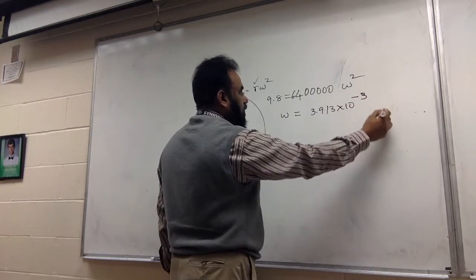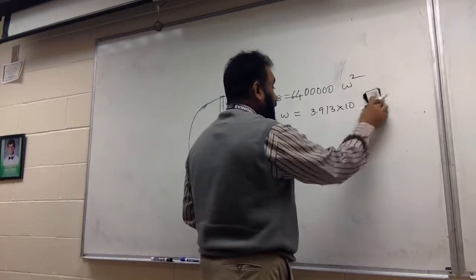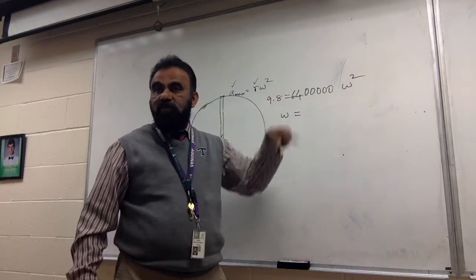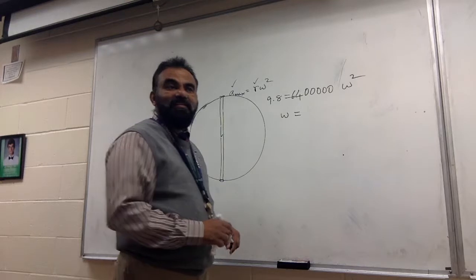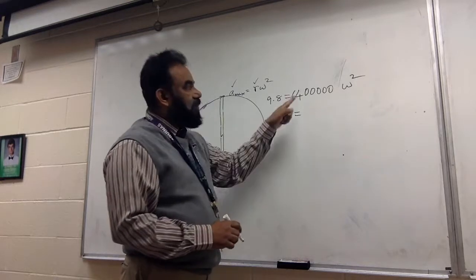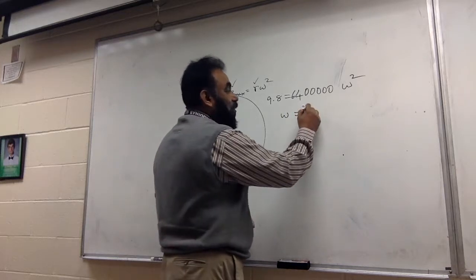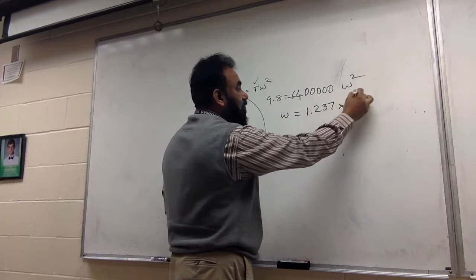Yeah, that sounds like 1.237 times something like that. You did the square root, right? Check it out and see what happened. So what is it? 1.237 times 10 to the negative third.